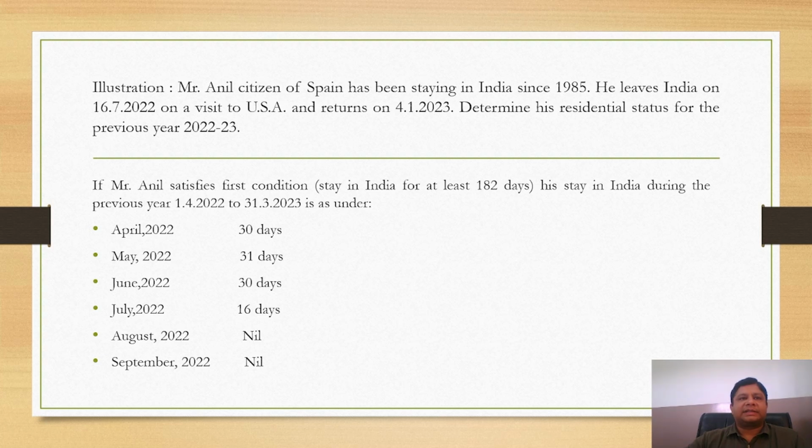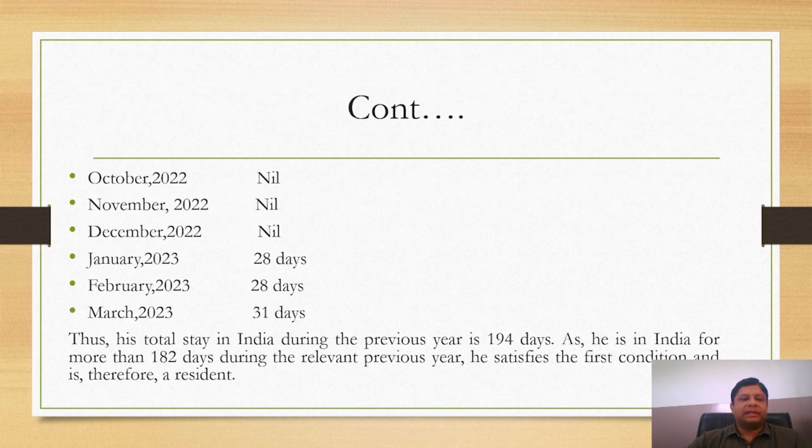If Mr. Anil satisfies the first condition, stay in India for at least 182 days, his stay in India during the previous year, 1st April 2022 to 31st March 2023, is as under. April all 30 days, May all 31 days, June 30 days, July 16 days, August nil, September nil, October nil, November nil, December nil, January 28 days, February 28 days, March 31 days.